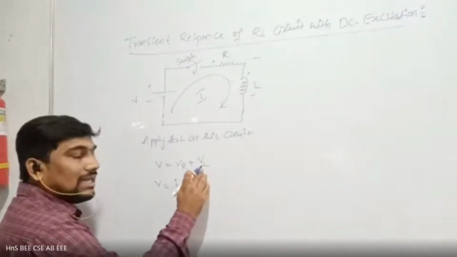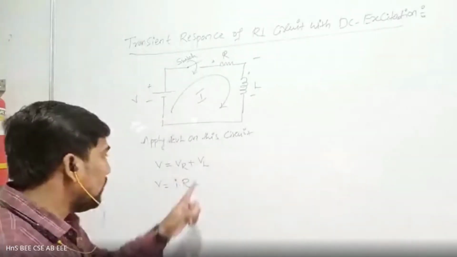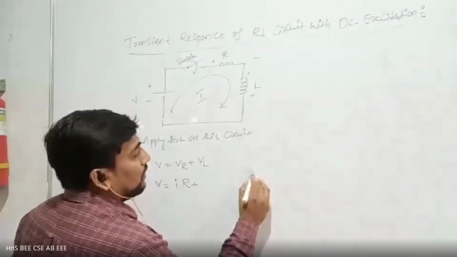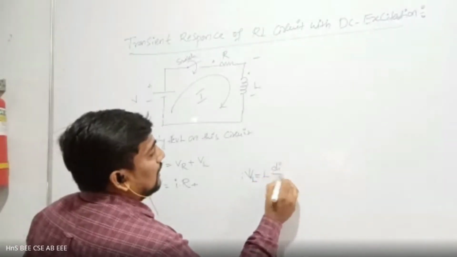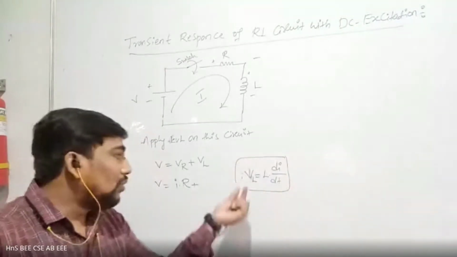Next, the voltage across the inductor. As I told you in the previous classes, the voltage across the inductor is VL equals L into di by dt. This is the formula for the voltage across the inductor.